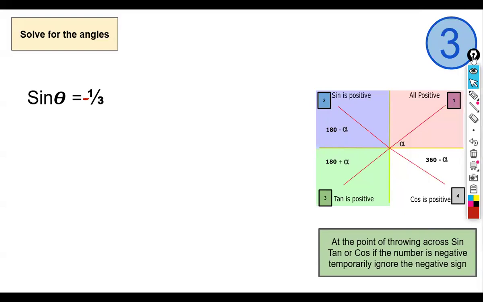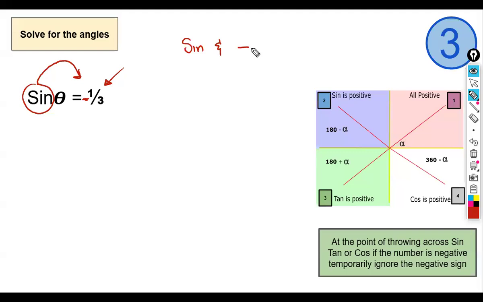Right. So let's get started. We want to solve for theta. So you take the sine and you throw it across. Now, when you're throwing across the sine, what is waiting on this side? A negative number. Minus 1/3 is negative. So this is a sine question and it's a negative type of question.